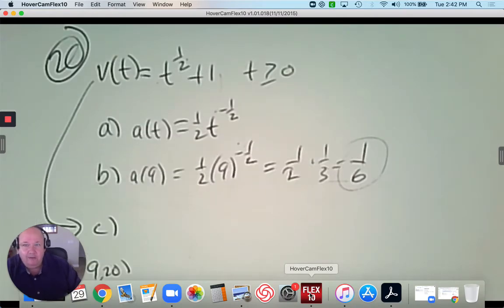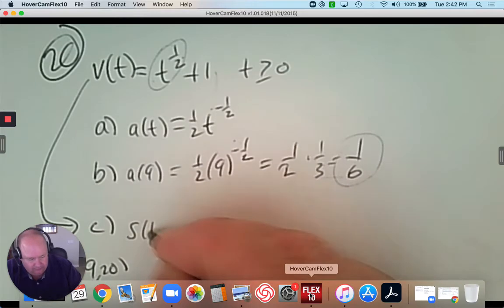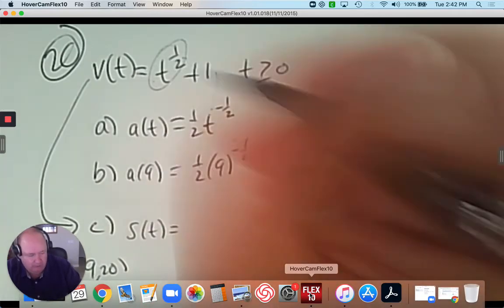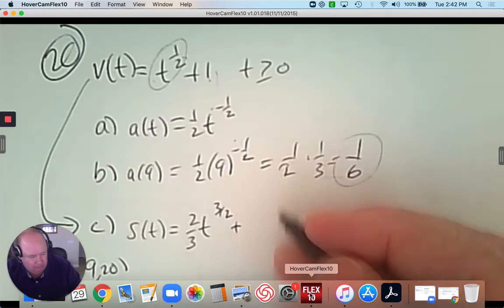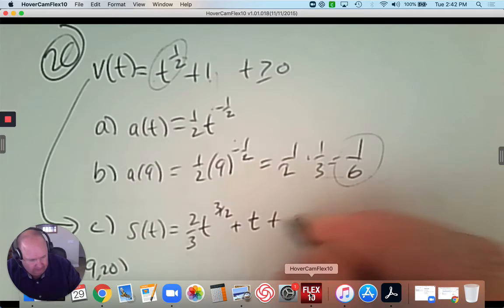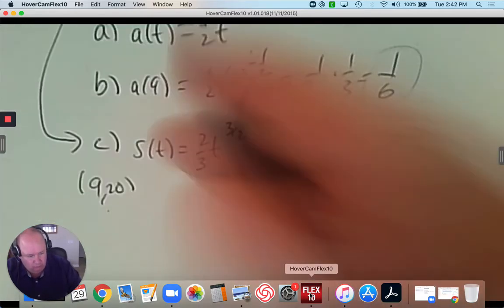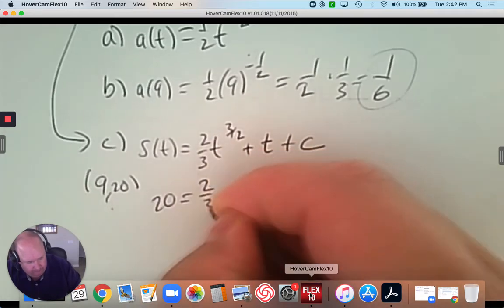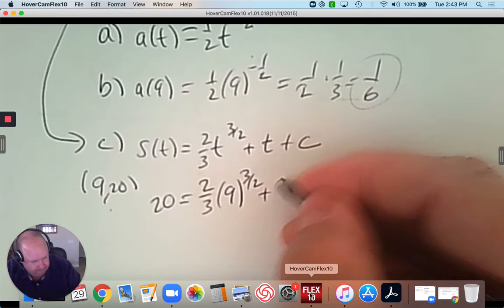So the antiderivative here, so that means for the position, you're going to add 1, and then the reciprocal. 1 becomes just 1t, and then the constant. And then you plug this in, 9 and 20. So 20 is the y-coordinate. 9 is the t.